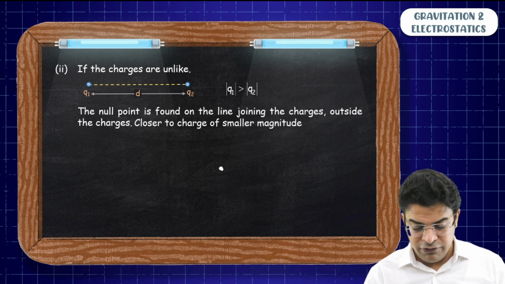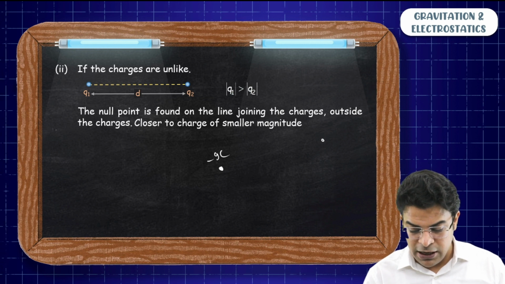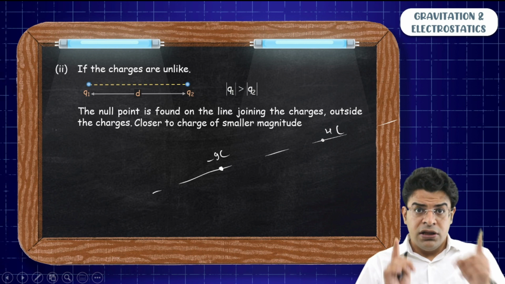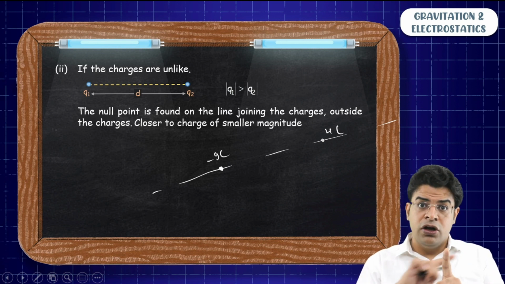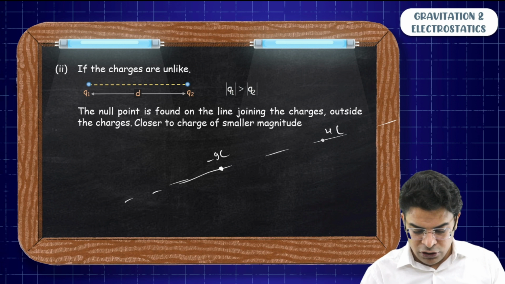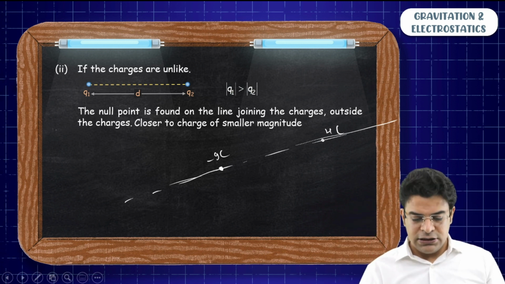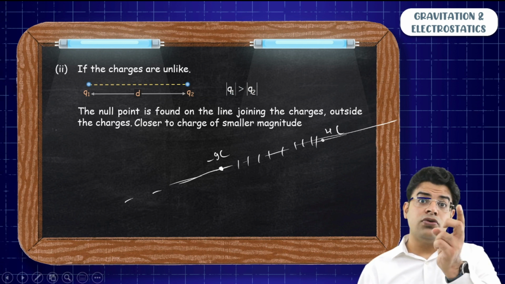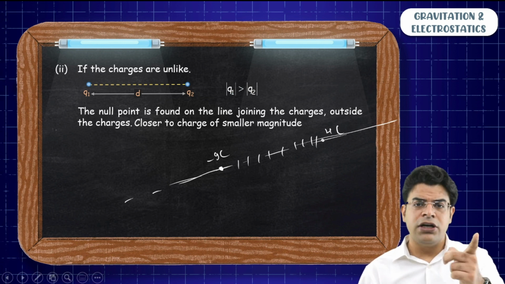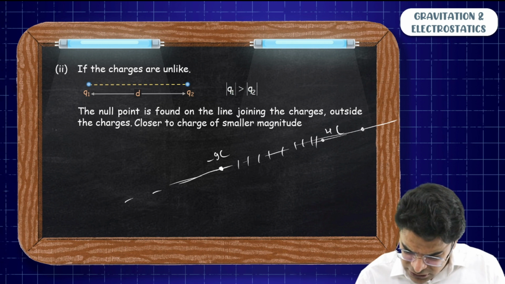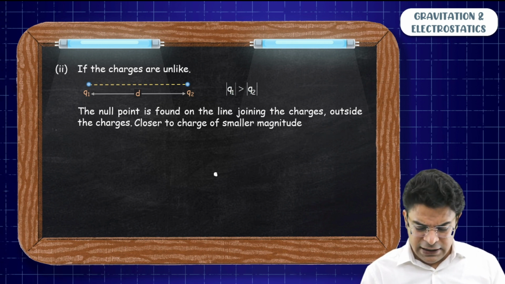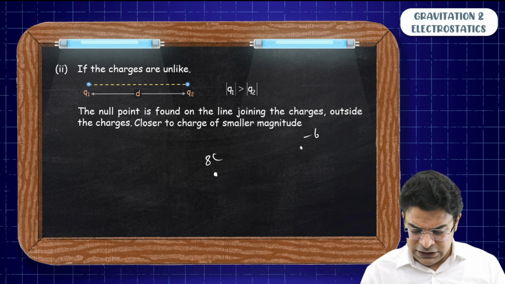So let's say I have charges of minus 9 coulomb and 4 coulomb. Where do I find the null point? On the line joining the charges, outside the charges, not in the region between them, closer to the charge of smaller magnitude. So somewhere here. One more example: charges of 8 coulomb and minus 6 coulomb.